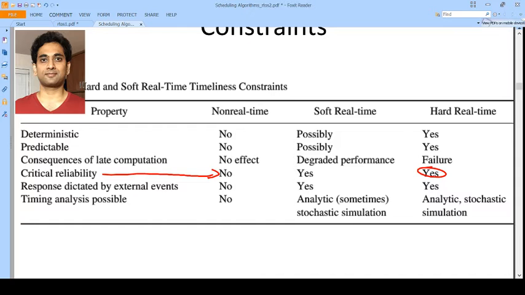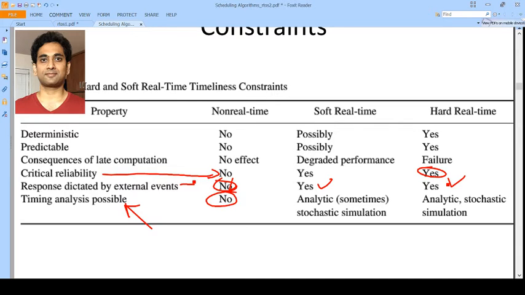Now, when it comes to the property of response dictated by external events, the non-real-time systems do not respond to external events. Soft real-time systems, they respond, and in hard real-time systems the response is dictated by external events. Now, in non-real-time systems, it is not possible to analyze the timing behavior using pen and paper.